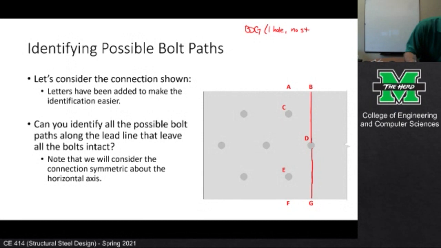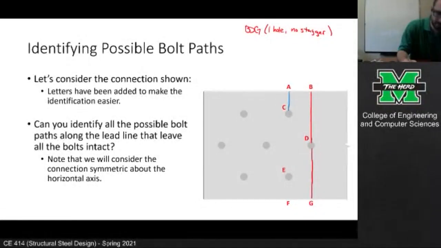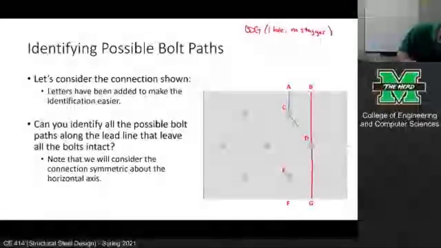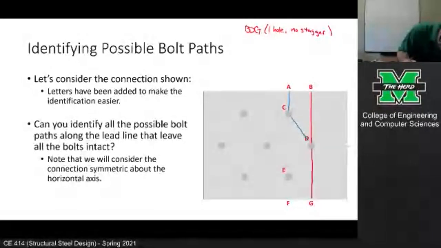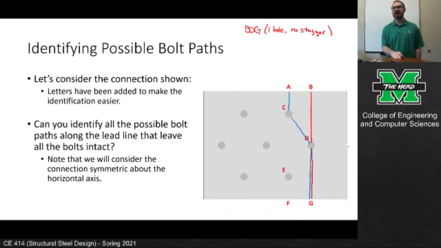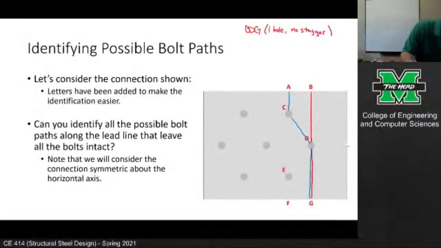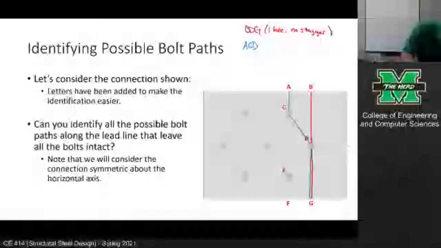Another one might be this path. So perpendicular, except for when we cross diagonal bolt lines. So the member might separate this way. This would be path, say, A, C, D, G.